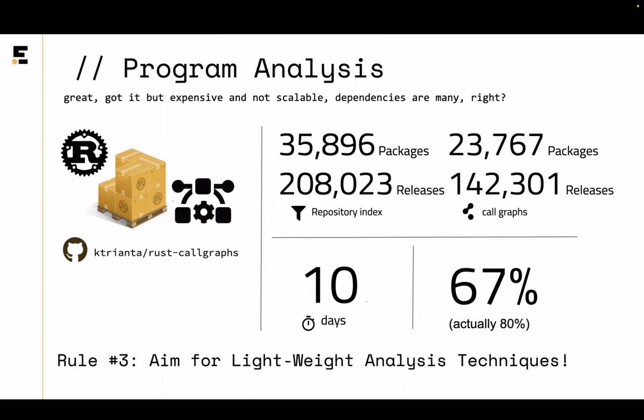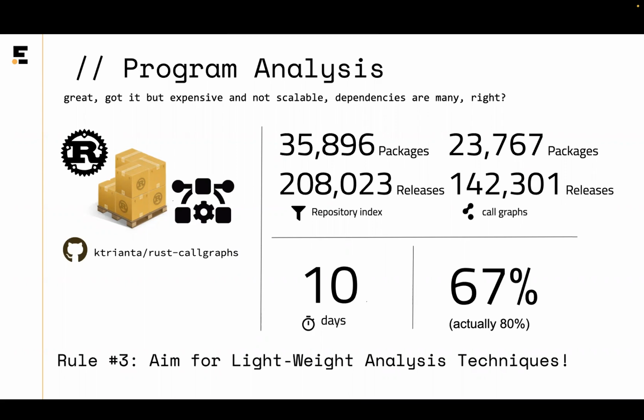So I'm saying 67%, but it's actually 80%, because I'm not removing broken releases. In a package repository you might have some early versions, like in the case of Rust back in 2014 or 2015, that are malformed or not compatible with new versions of Cargo, for example.